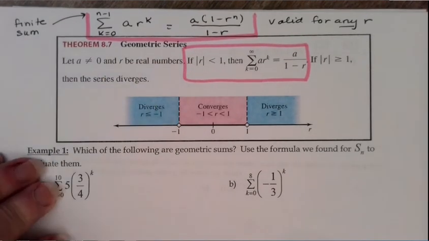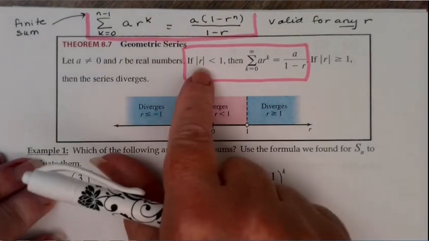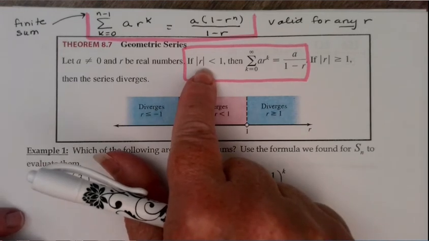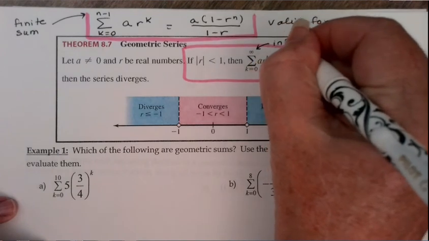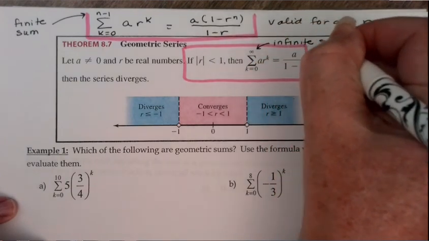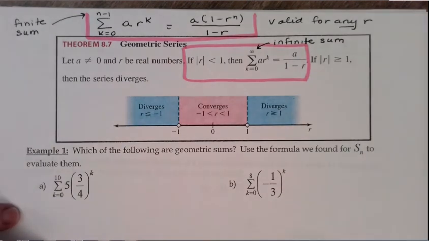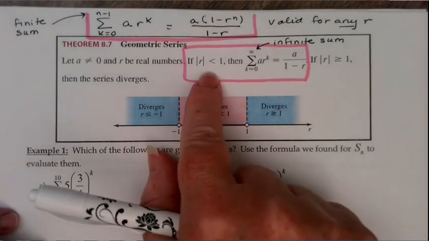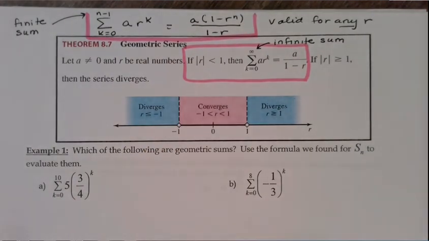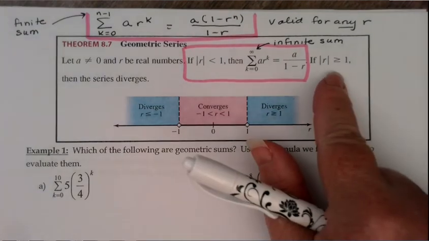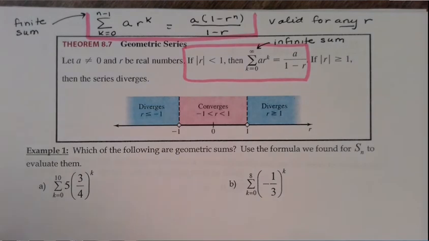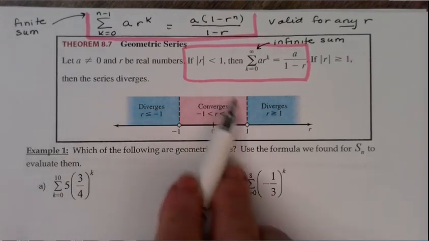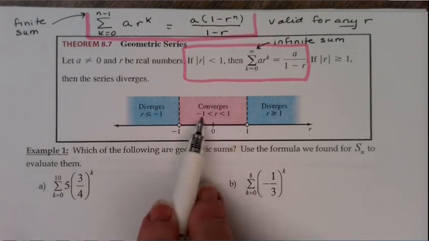Here it's stated as a theorem, the final result, the one with the absolute value of r being less than 1: then the infinite sum is a over 1 minus r, but again, only if the absolute value of r is less than 1. Absolute value of r greater than or equal to 1, we get divergence. And there's a little diagram that reminds you of that too. This is the zone that works, right? Just r between negative 1 and 1.